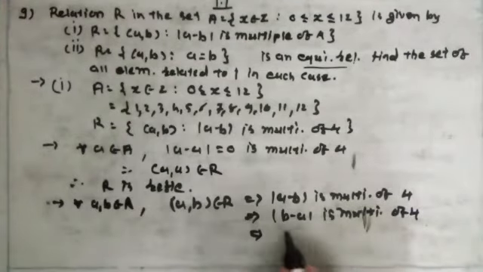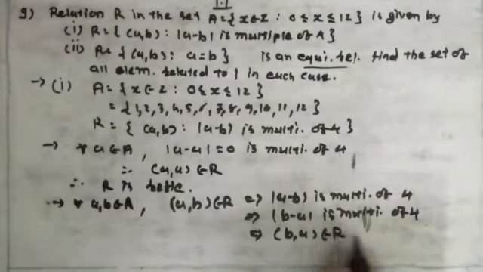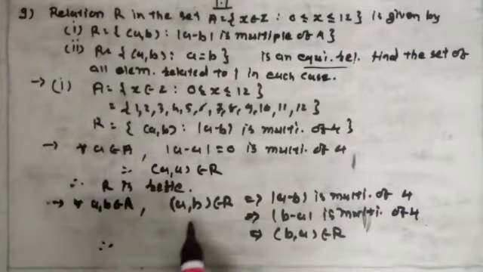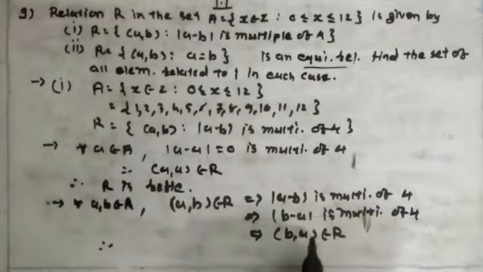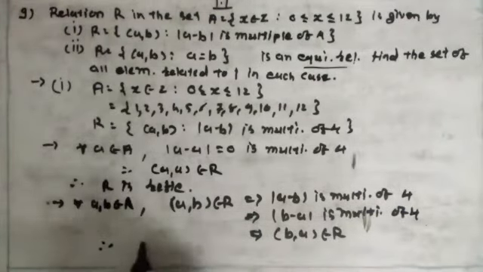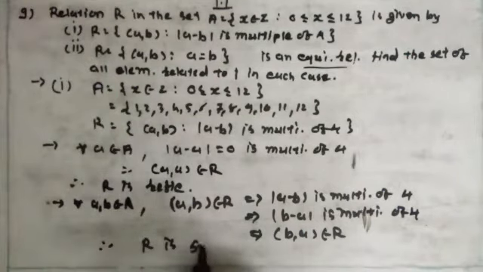So this implies (b, a) belongs to R. Therefore, R is said to be symmetric, because (a, b) belongs to R implies (b, a) belongs to R. Clear?